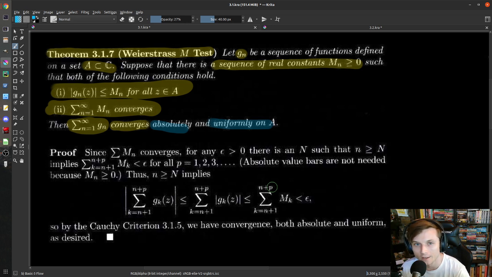All you really need to think about, if you want, is that a sequence of real constants is indeed a sequence of complex valued functions. That is, every constant defines a function. It maps a complex number to that constant. Every number gets mapped to the same constant. They're constant functions, right?